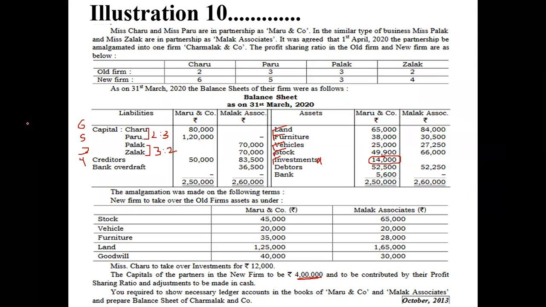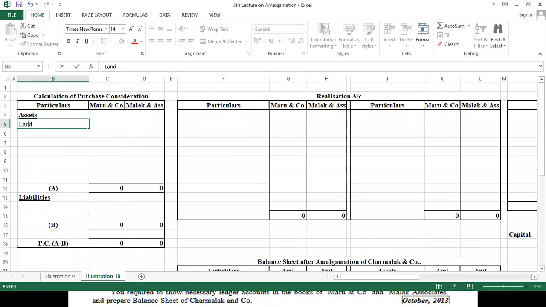We have land, furniture, vehicles, stock, debtors, bank, and goodwill is the item which is given to us.